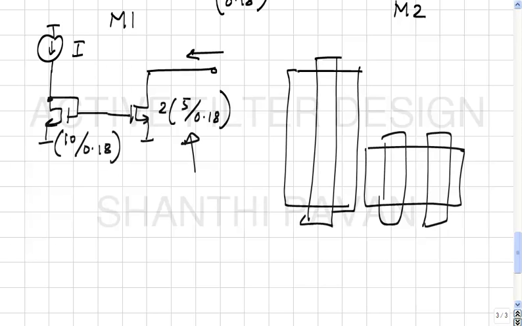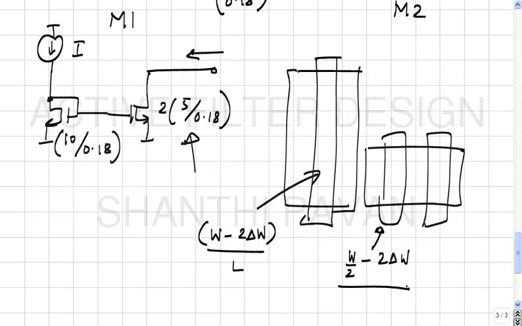So in this case, it will be W minus 2 delta W is the actual electrical width of the transistor, which you need to plug into the expression. So this will be W minus 2 delta W by L. This transistor will be W by 2, which is the geometrical width of the transistor, minus 2 delta W, because that undercut remains fixed, divided by L, and this remains the same.